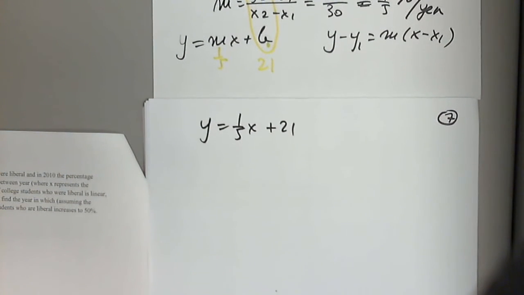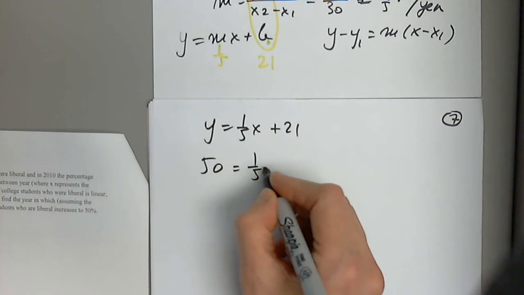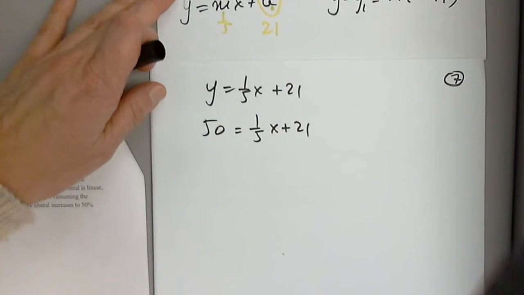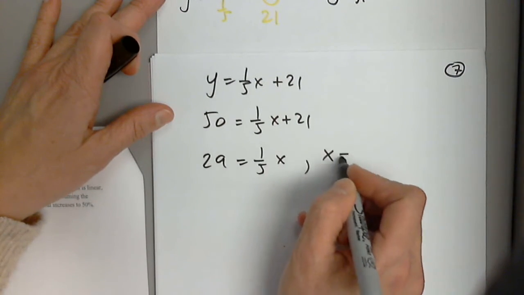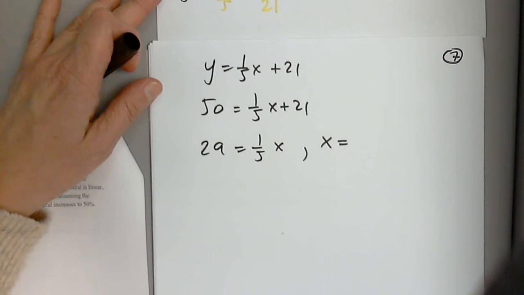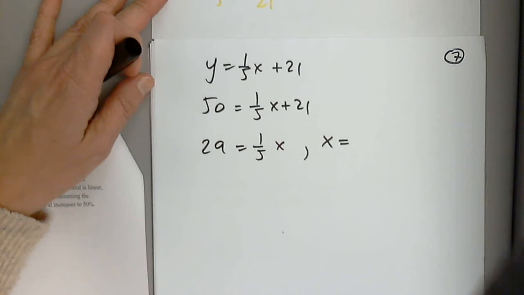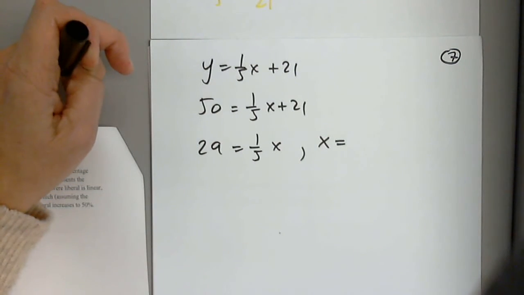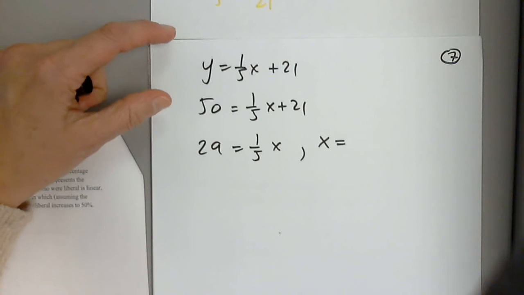And then use 50% for y. Exactly. Awesome. Subtract 21, get 29, equals 1/5 x. And x is the number of years since 1980. If the model still holds, we will say that the percentage of liberal students out of the total will be 50%.